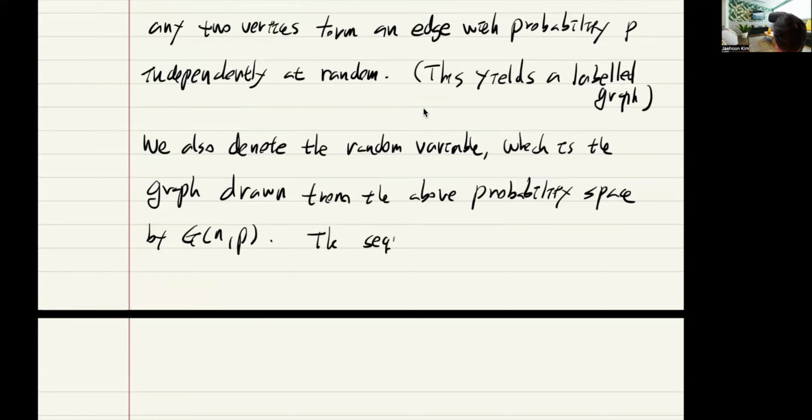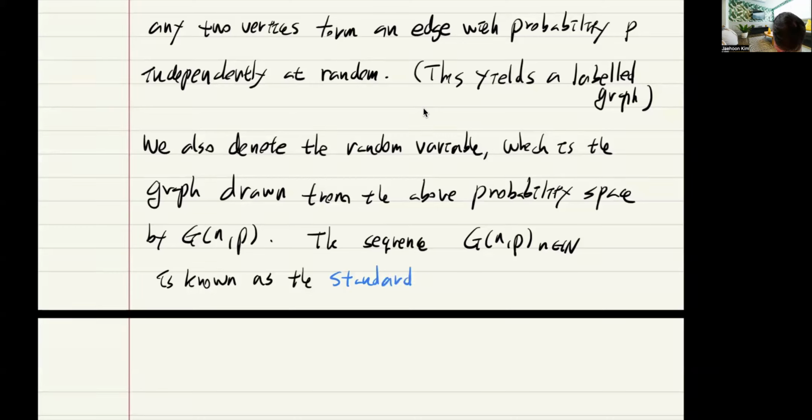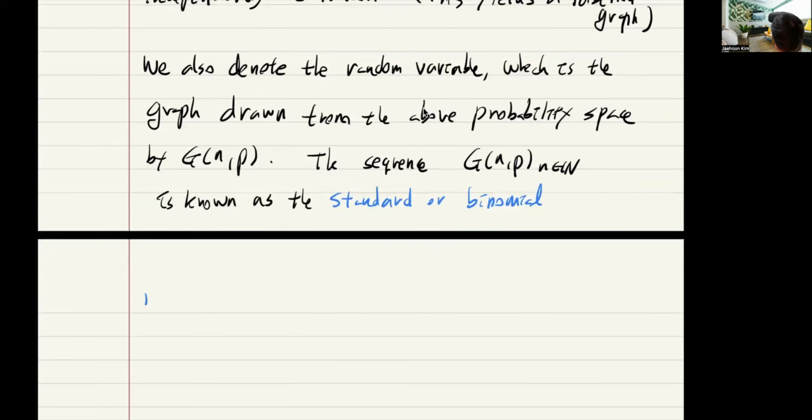And the sequence G(n,p) over all natural numbers n is known as a standard random graph, or the binomial random graph model.